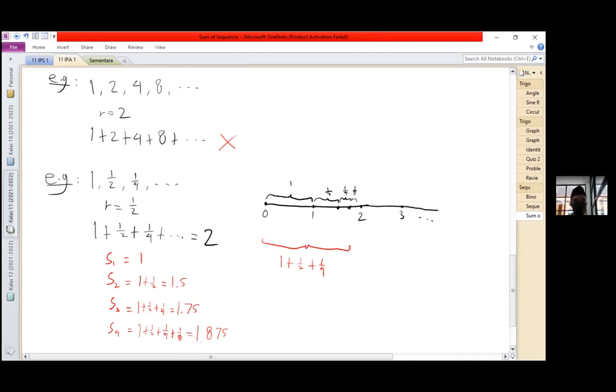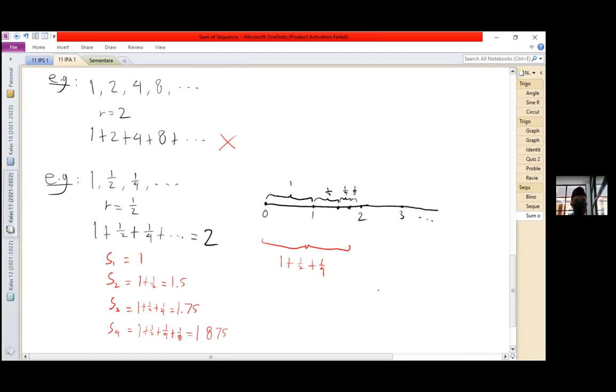But if r is greater than or equal to 1, or less than or equal to -1, sorry, then the sum will not converge to a number. So it will go very big or very small, like it goes to infinity or negative infinity.